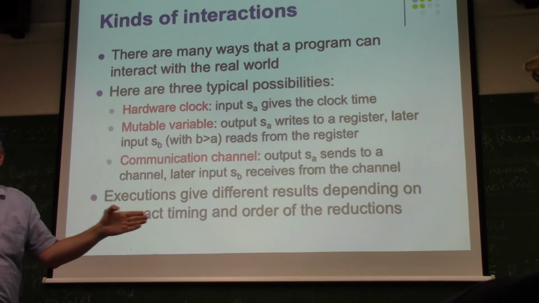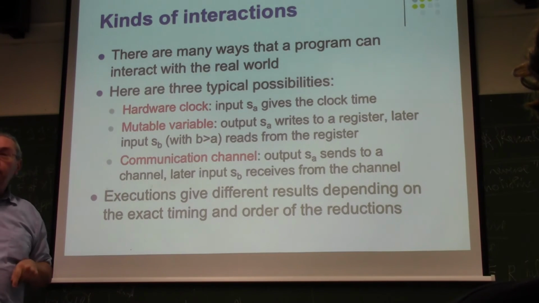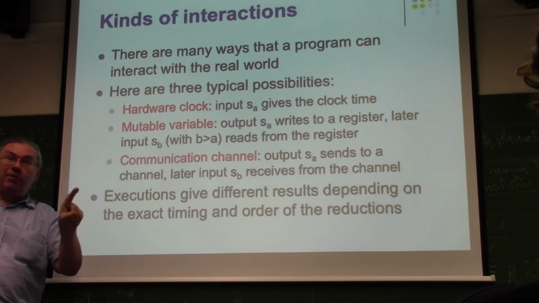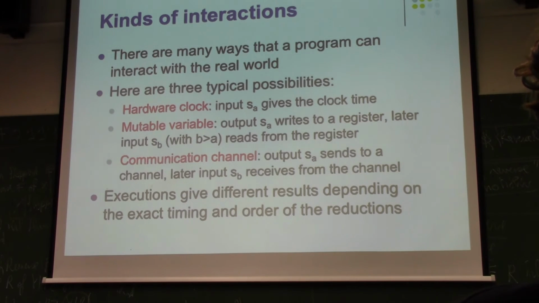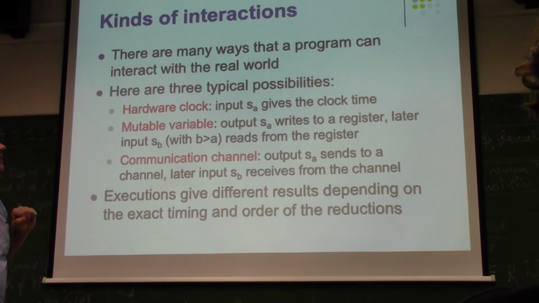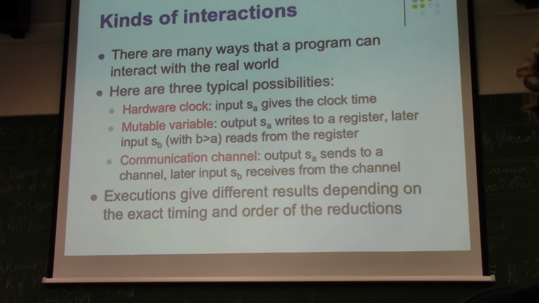And it all depends on the order. If I write twice to the same register, the latest one is going to be the value. If they're concurrent, for example, then maybe it changes during one reduction to the other. So I'm giving up Church-Rosser when I do this. So a mutable variable is already something non-declarative.